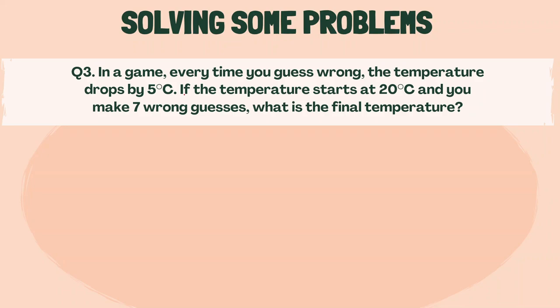So if you guess wrong, what will happen? The temperature of the room will reduce by 5 degrees centigrade. If the temperature starts at 20 degrees centigrade and you make 7 wrong guesses, what is the final temperature?